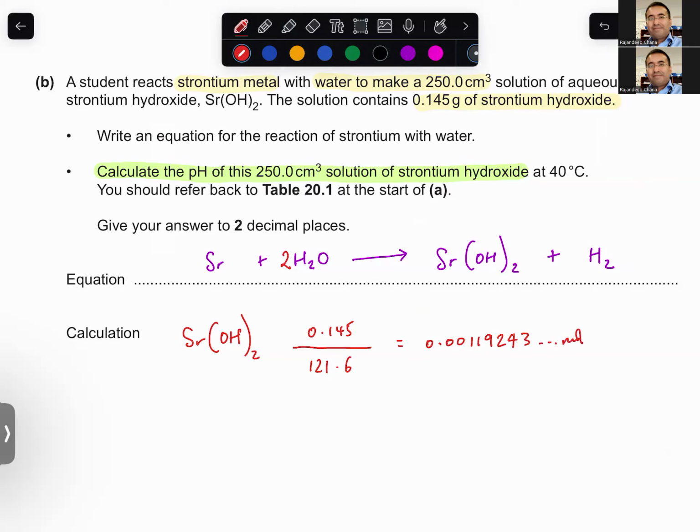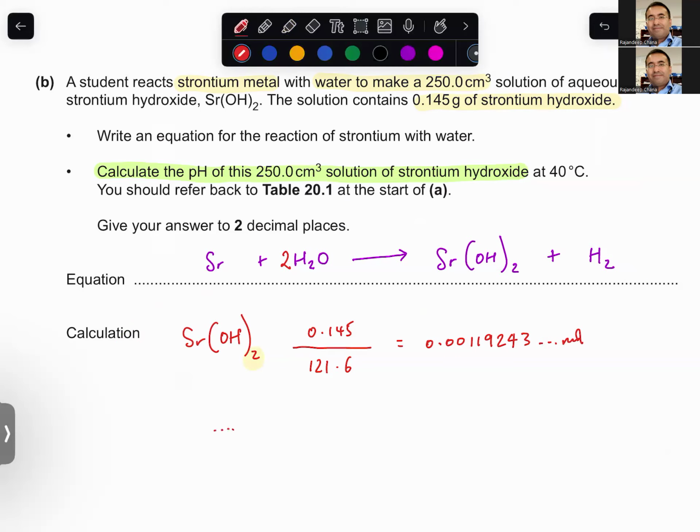Now we want to work out the concentration. And an interesting thing here, this is the moles of strontium hydroxide. You see for every 1 mole of strontium hydroxide, there is 2 moles of hydroxide ions. So we need to times this answer by 2.